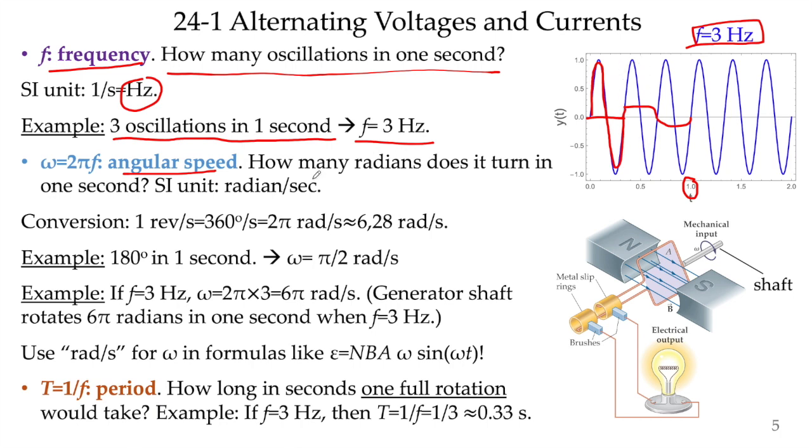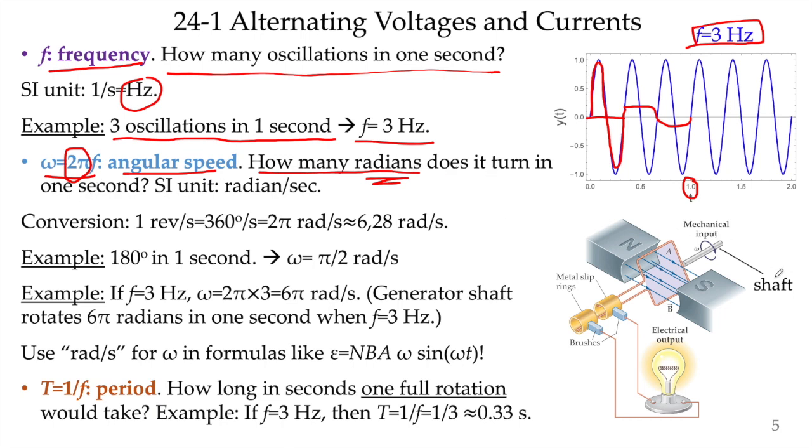You will see that. That's why this is called angular frequency, and we're actually multiplying it with 360 degrees, right? 2 pi is 360 degrees. So this basically also means how many radians, which is angle, right? How many radians does it turn in 1 second?